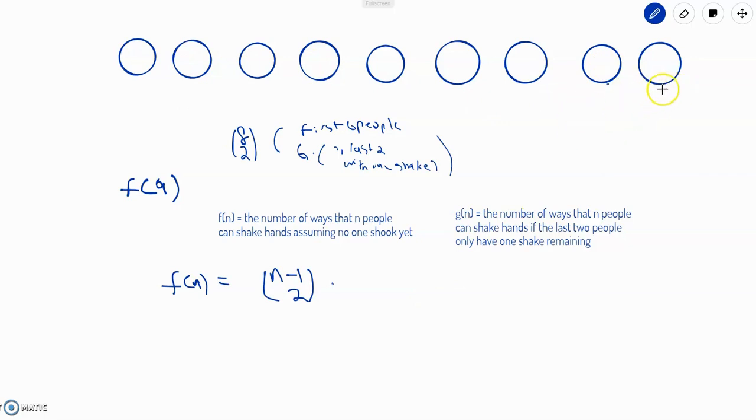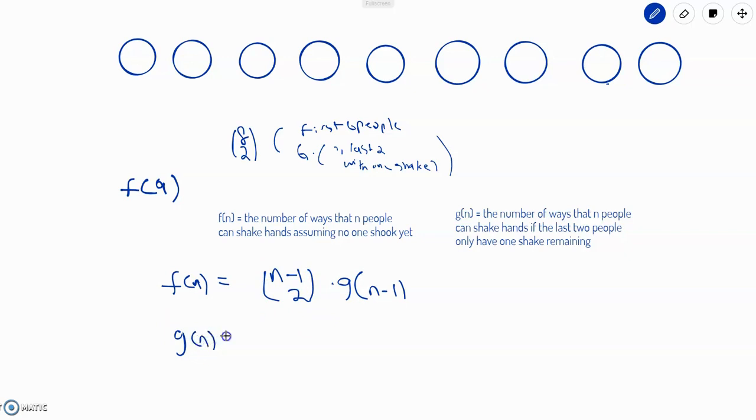And if person 9 shakes with like 1 and 2, we can always just reorder these people such that 1 and 2 go in the last 2 positions. It doesn't really matter. But the point is that we have 2 people in the set of n-1 people that have 1 shake remaining. So it's equal to n-1 choose 2 times g of n-1.